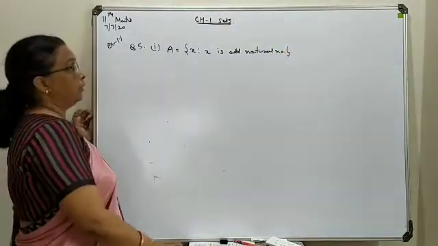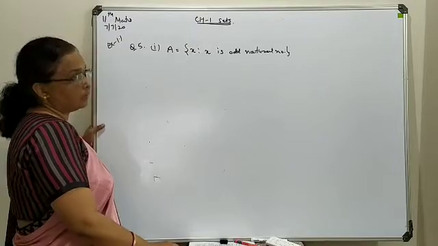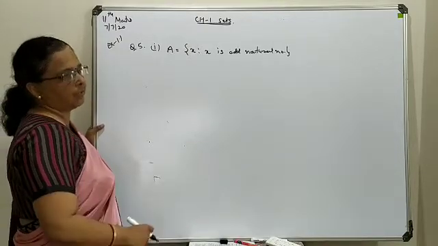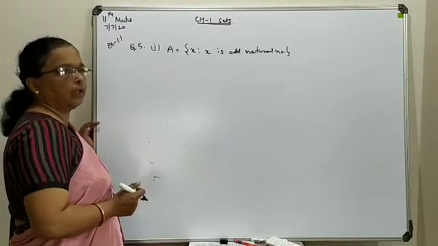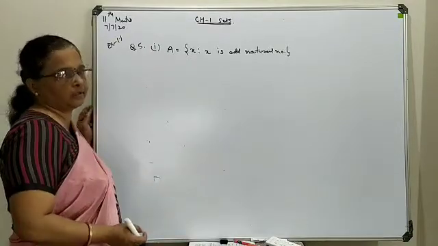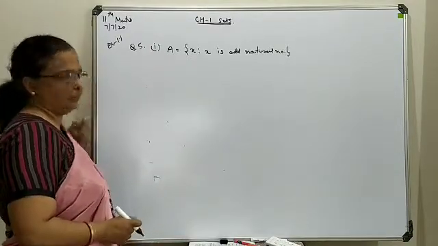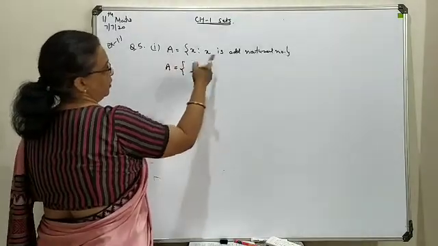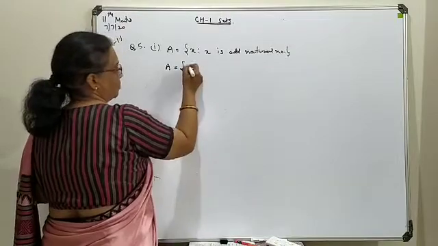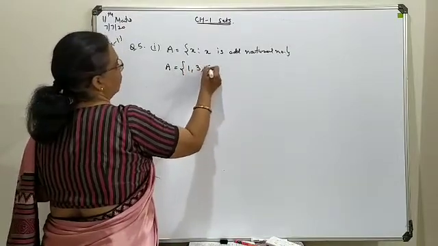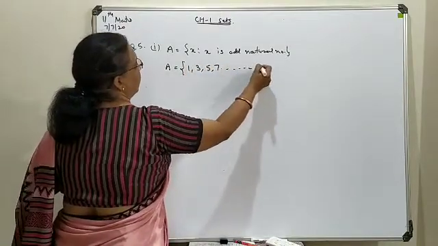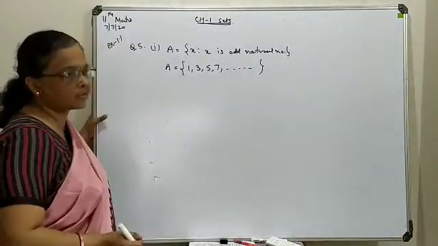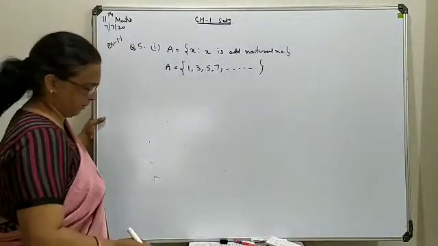If we are talking about odd natural numbers, you will start with 1, the next odd number is 3, next to that is 5, so it will keep on going up to infinity, because the natural numbers do not have a finite number of elements. So we can write this as odd natural numbers, 1, 3, 5, 7, like that infinite times. This way it can be listed in terms of elements.